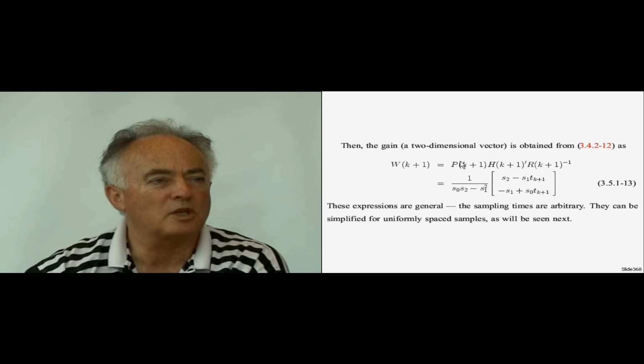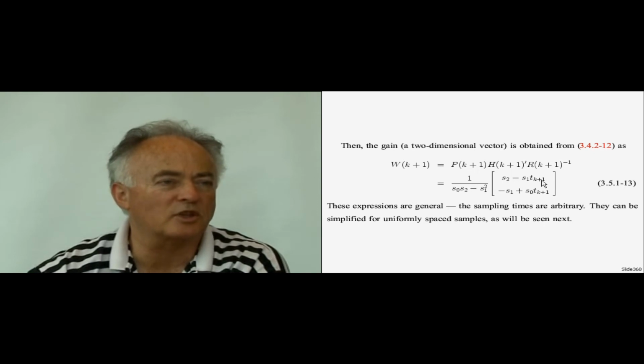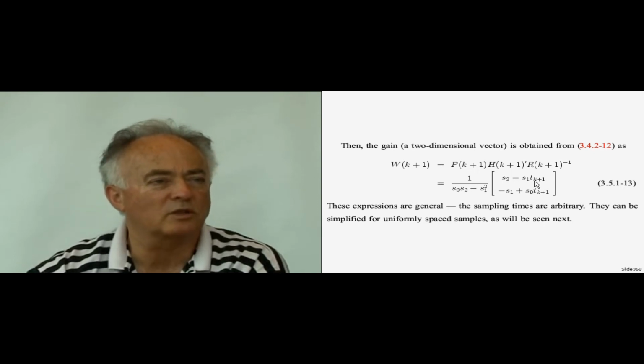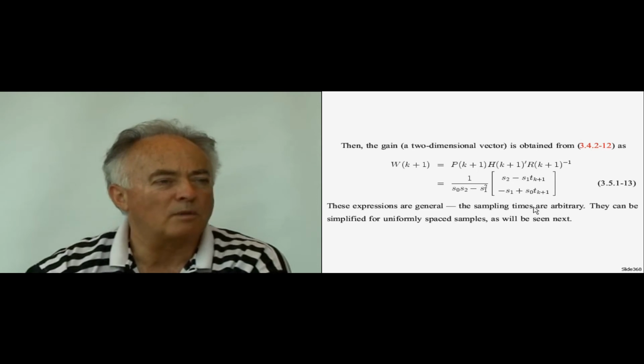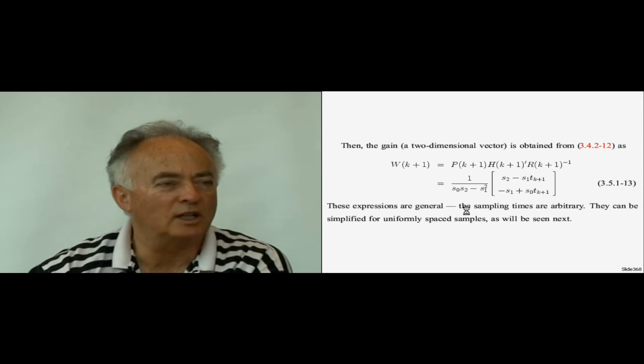So this is P H prime R inverse. This is the gain. Again, it has an explicit expression in terms of the sums as well as the time of the last observation.